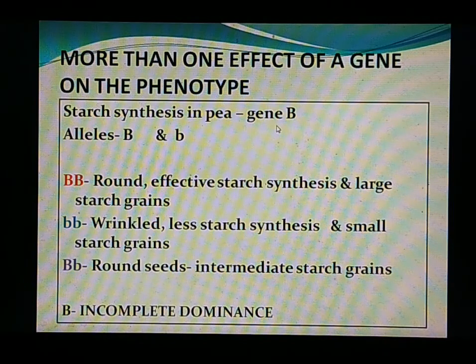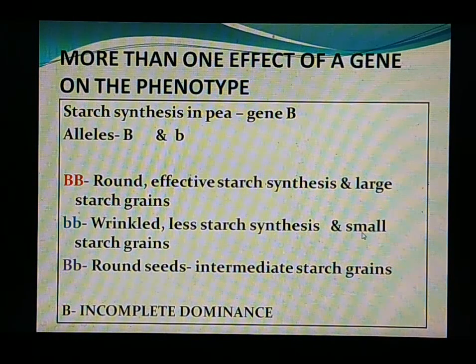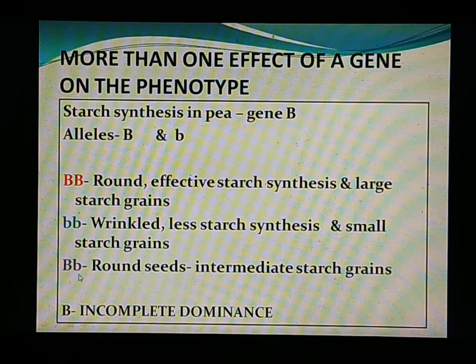Now if the plant is homozygous recessive for the same gene, the effects here will be that the seeds will be wrinkled, less starch synthesis will take place, and the starch grains will be small. But what if the plant is heterozygous, capital B small b?